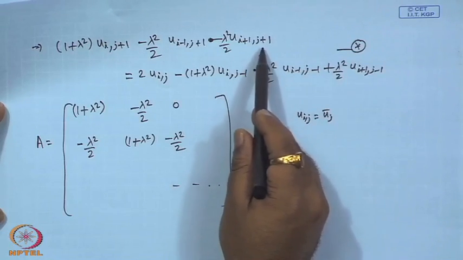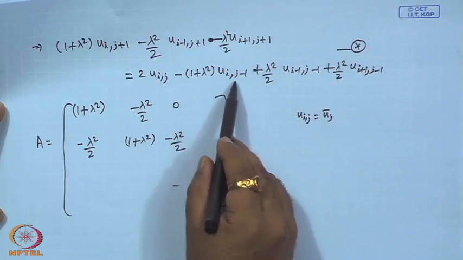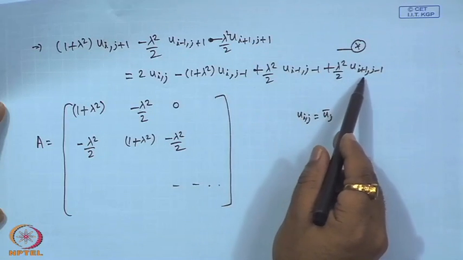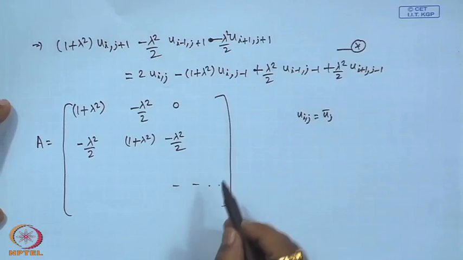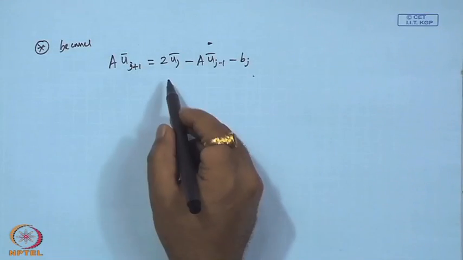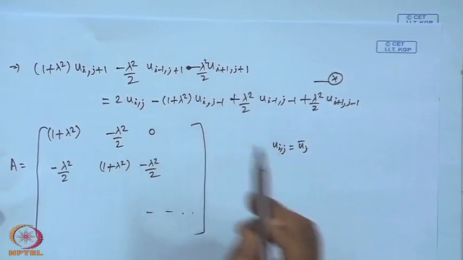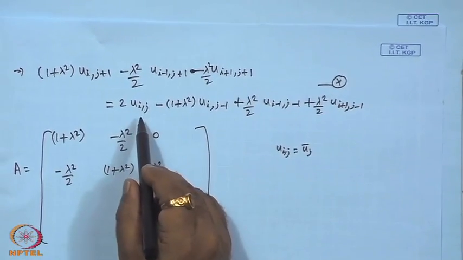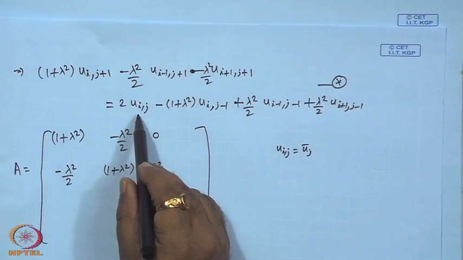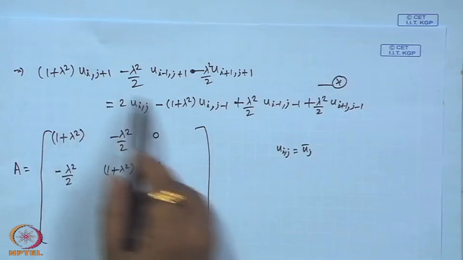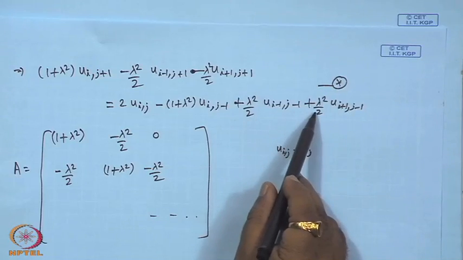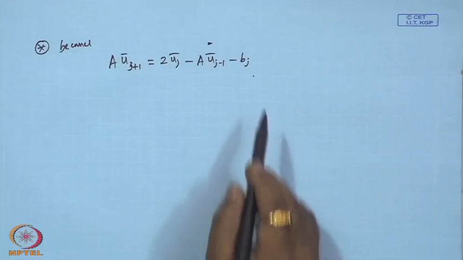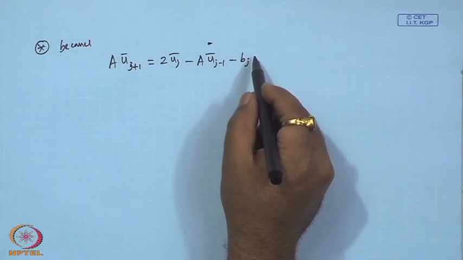Okay. So, now here similar matrix, however, on j minus 1. Okay. So, therefore, it reduces to A u j plus 1, then 2 u j, then the same coefficients with a negative sign. So, therefore, minus A u j and the boundary terms. So, this is what. Okay.